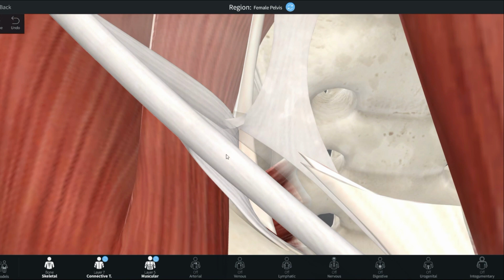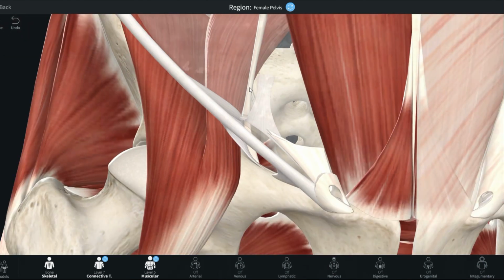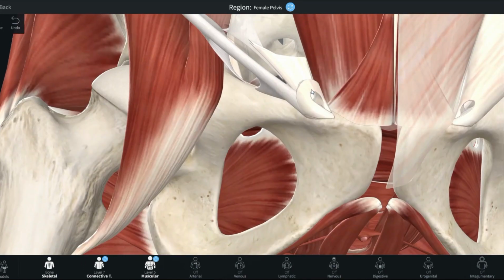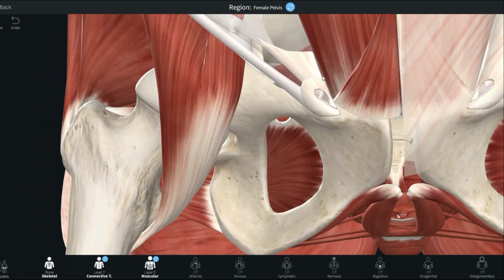From the mid-inguinal point, about 1.2 centimeters above, the deep inguinal ring is present. On which layer is it present? It is present at the fascia transversalis. Where is the superficial inguinal ring present? The external oblique aponeurosis.